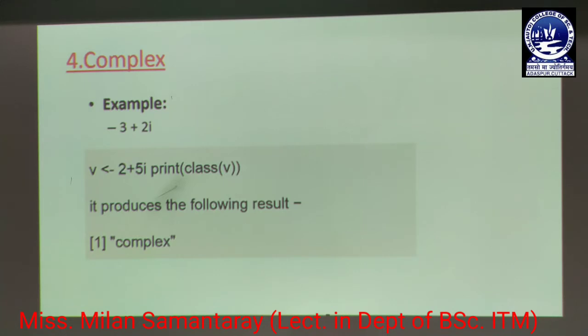This number is of class complex, that is why it displayed complex. But if we want to print the content of v, then we have to write only print v, then it will display 2 plus 5i. Here we display which type of value we have assigned into that variable, that is complex.